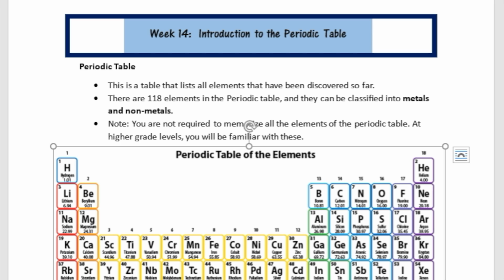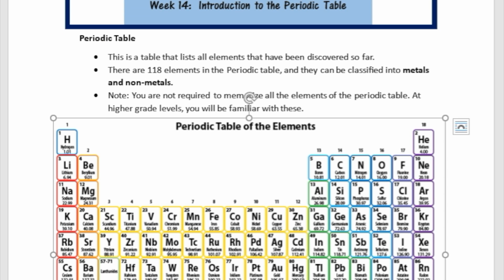Halogens, noble gases, lanthanides, and actinides. There are different kinds of categorization, which I'm not going to bother you with right now, but this is a little introduction into what a periodic table is, what this lesson is all about.